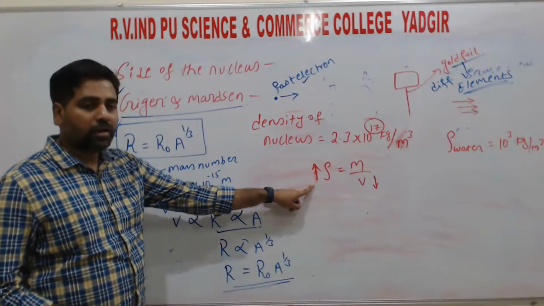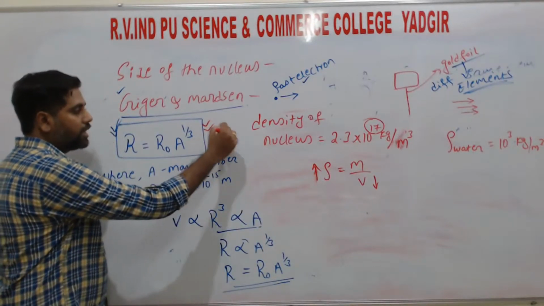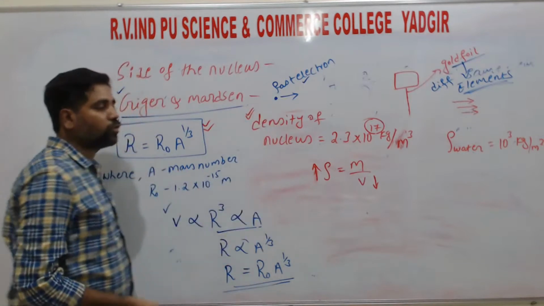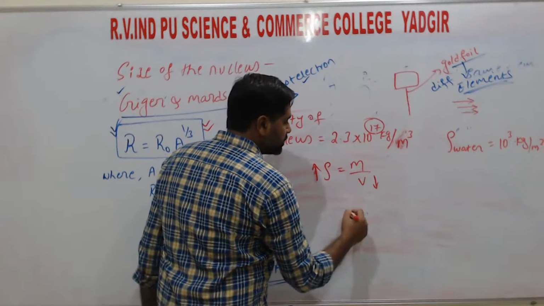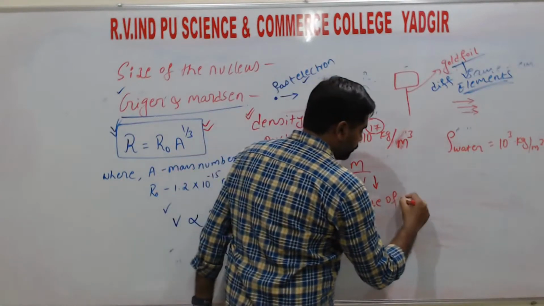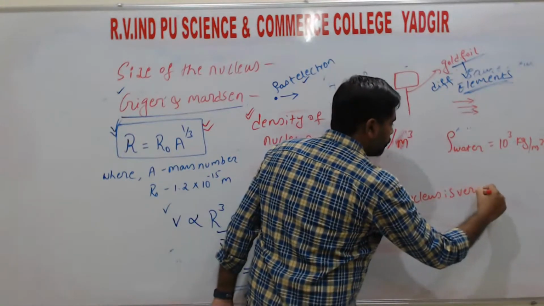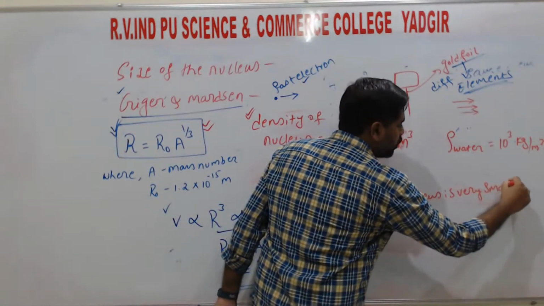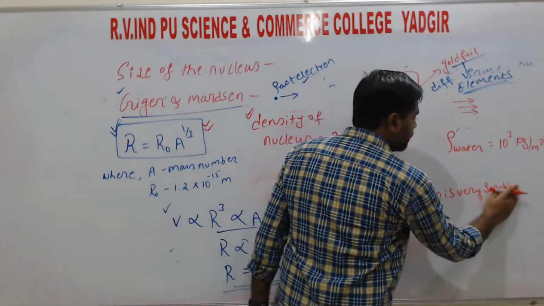So this is the reason, right? Here we get the size and here we get the density. From the density of the nucleus we conclude that the volume of the nucleus is very small, because it is densely concentrated.